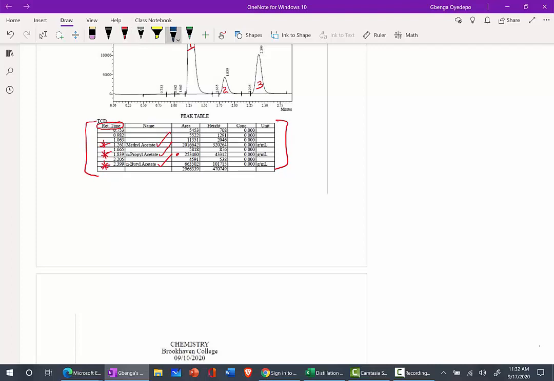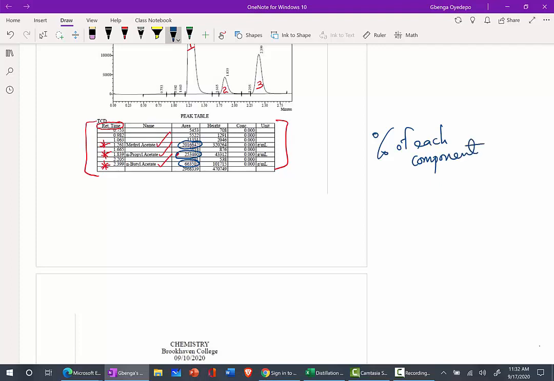The third thing to note about the chromatogram would be the areas under the peak. These areas will enable you to calculate the percentage of each component.